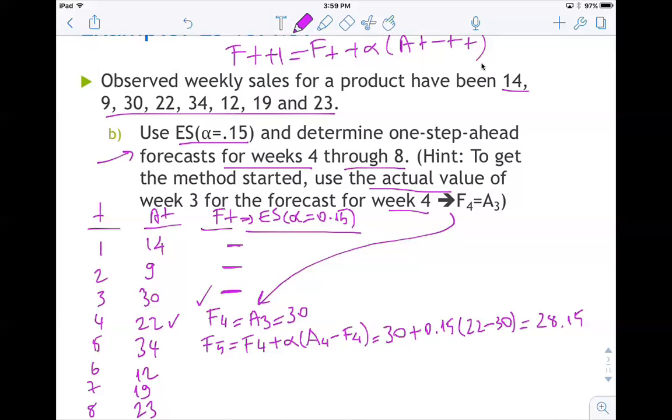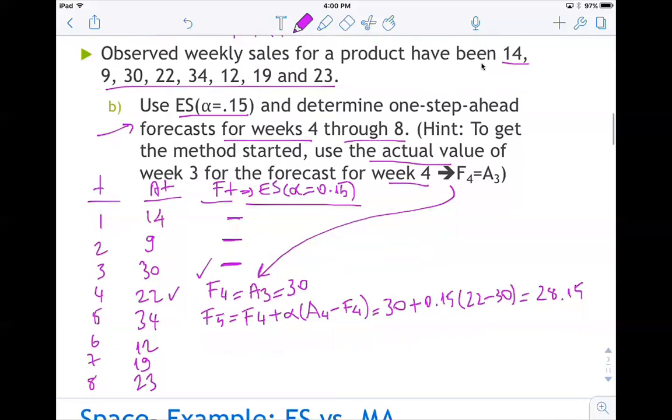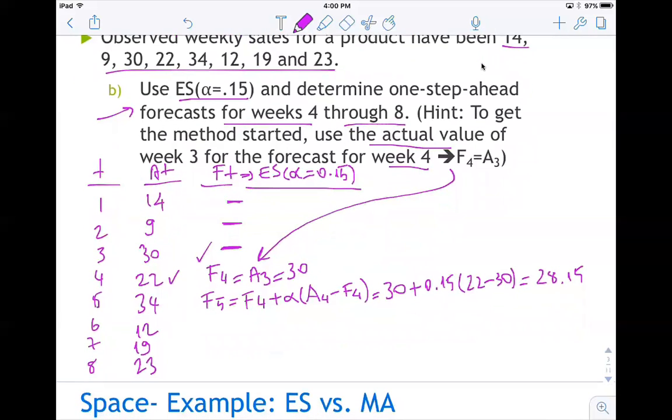All right, what about week 6? A quick question: if I have a forecast for week 5, can I use this as a one step ahead forecast for all other weeks? Yes, I can. But remember, I already have observations for these weeks. So why am I using this as a forecast for a time period where I actually have the actual value?